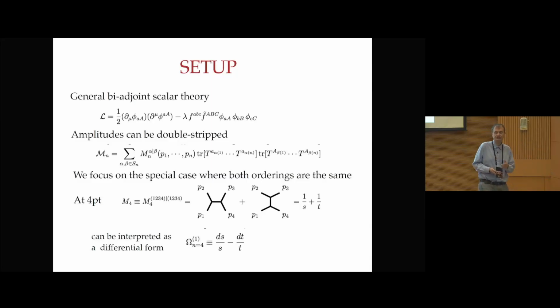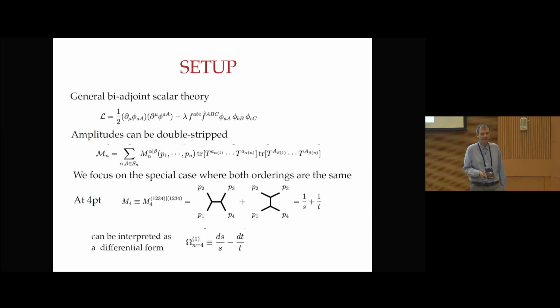So this is a trace phi cube theory. Despite there is a generalization of whatever I say here to the full double ordered theory. Now at 4 point, the amplitude in this theory is very simple. It's a sum of these two Feynman diagrams. It's just phi cube, so the Feynman rules for vertices, they are just 1. So the result is just 1 over S plus 1 over T.